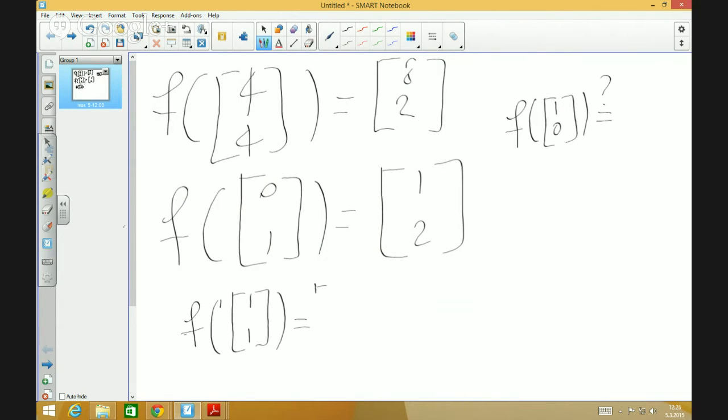If you take 4 times (1, 1), you get (4, 4). f is linear, so f of (4, 4) is 4 times f of (1, 1). f of (4, 4) is (8, 2), so you need to divide that by 4.